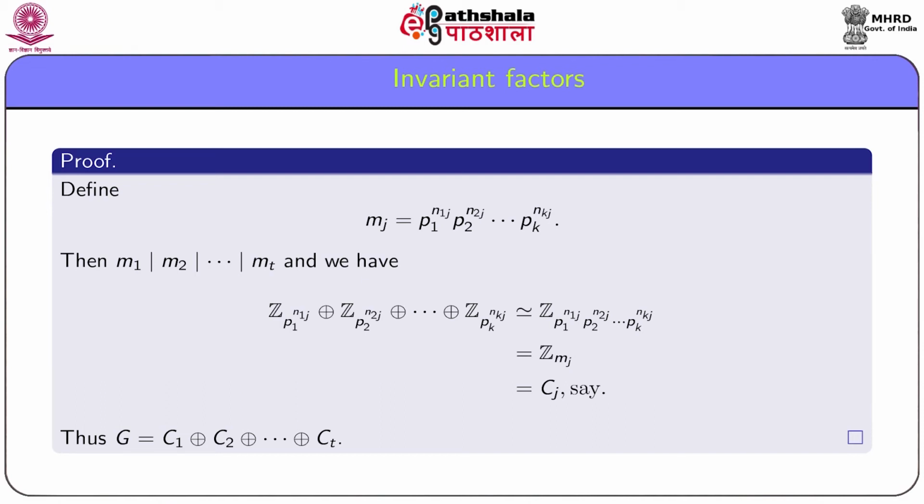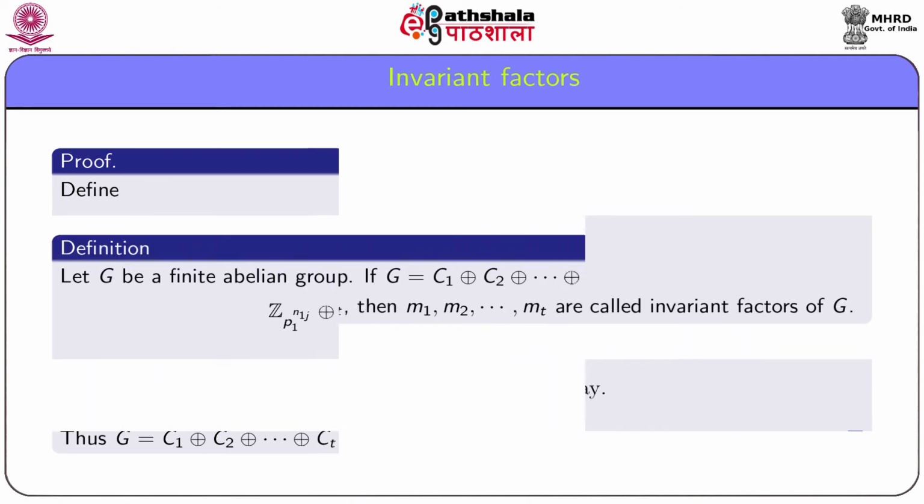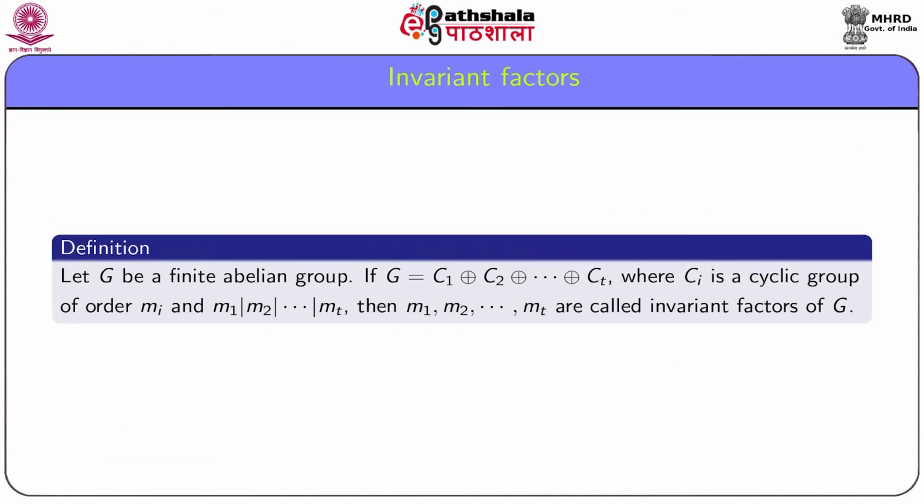We denote the cyclic group Zmj by Cj, and hence it follows that G is equal to the direct sum of the cyclic groups C1, C2, up to Ct, where order of C1 divides order of C2, which divides order of C3 and so on divides order of Ct. Let G be a finite abelian group.